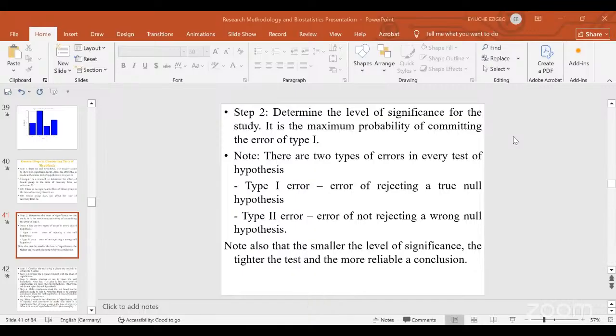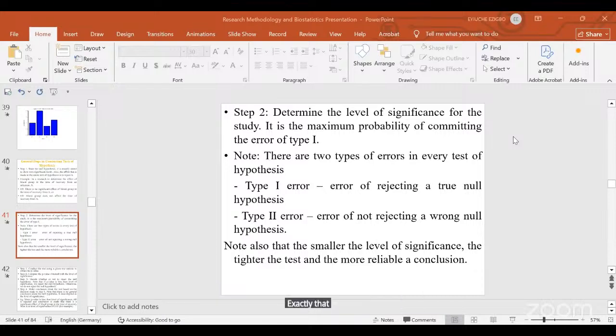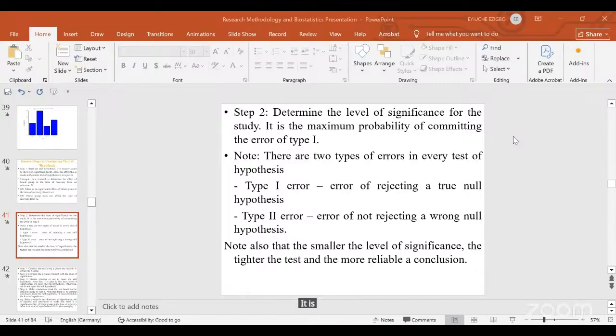Assuming we are doing tests of hypothesis with examples, we can just say, let's take level of significance of what? 0.05. Is that clear? But when we are doing research, level of significance does not begin and end with 0.05. It is for me to decide what margin of precision I want to state for my research.